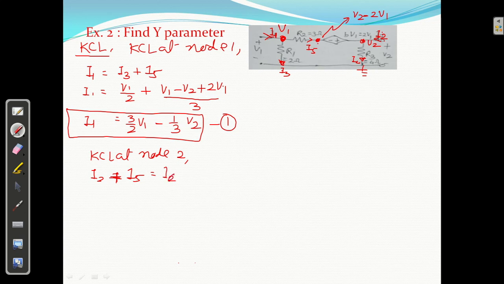So this is incoming I2 at this node, I5 is also incoming, equal to I4 outgoing. So I want to modify I2 equal to I4 बोलो, I4 क्या है, V2 upon 4.